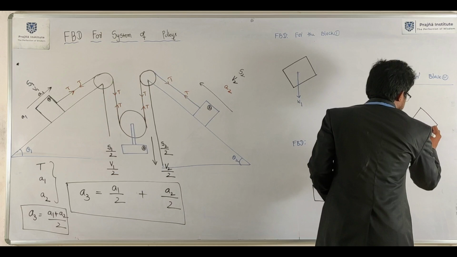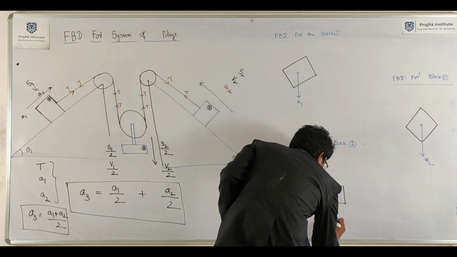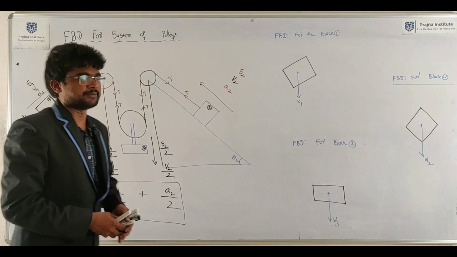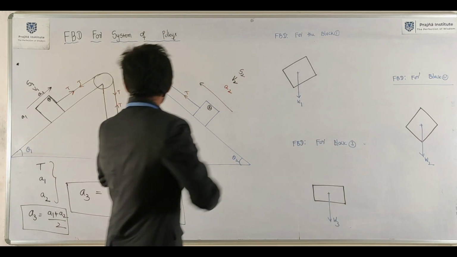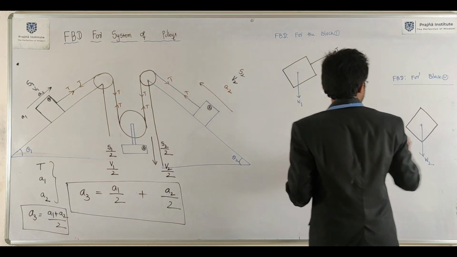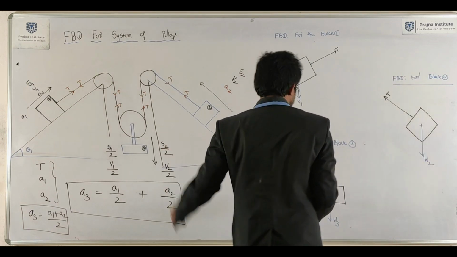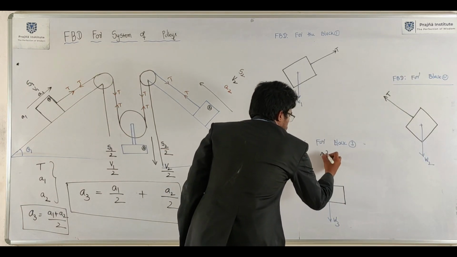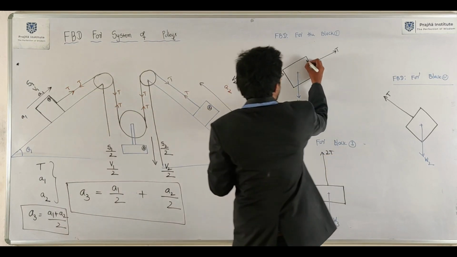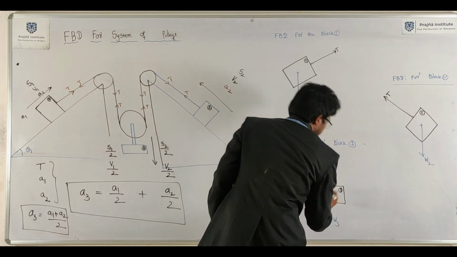Here also weight always acts vertically downward. Next, tension always pulls the block. This particular tension always pulls the block. Here 2T is pulling block 3. Block 1, block 2, and block 3.